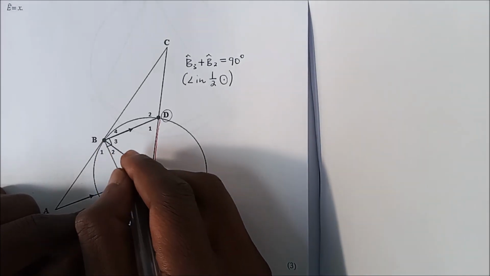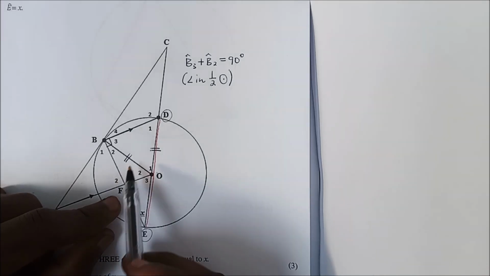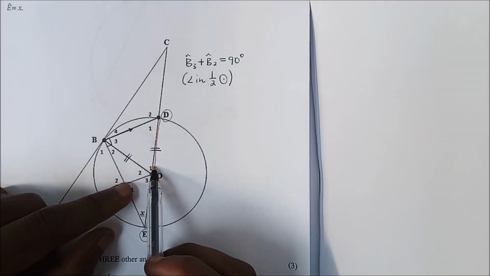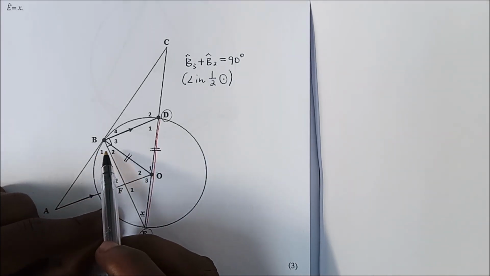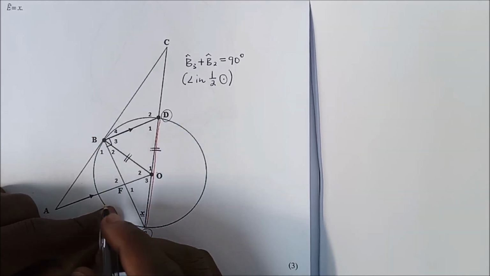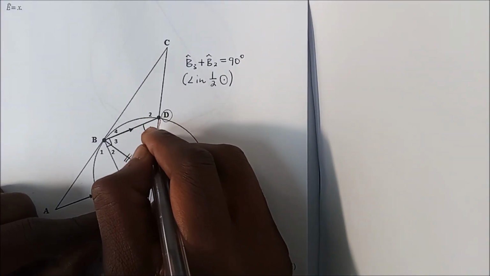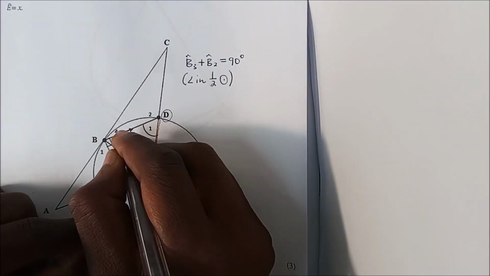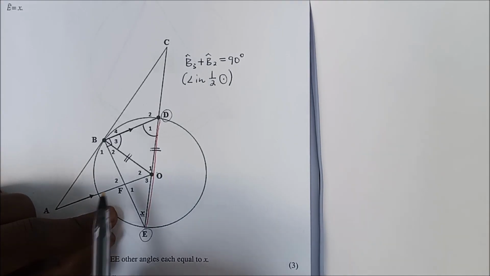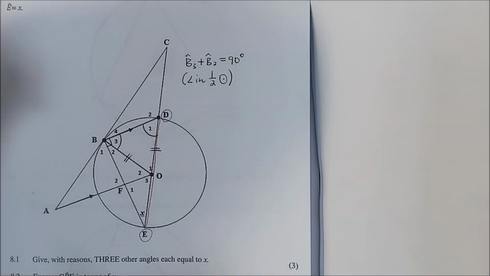So let's highlight them. OB equals OD. So if OD is equal to OB, that means triangle OBD becomes an isosceles triangle. And if it is an isosceles triangle, we can say this angle is equal to that angle, or we can say D1 equals B3. The reason will be angles opposite equal radii.